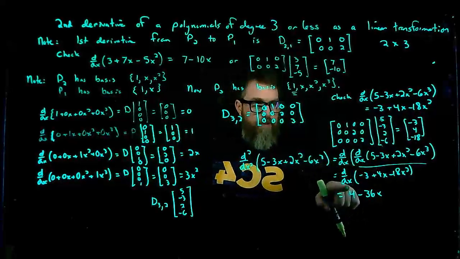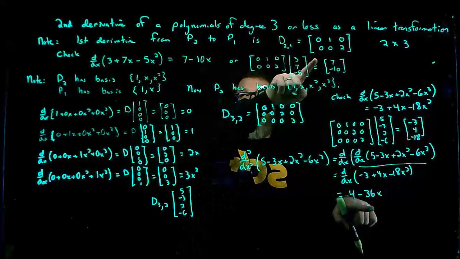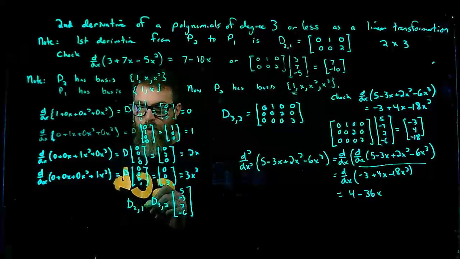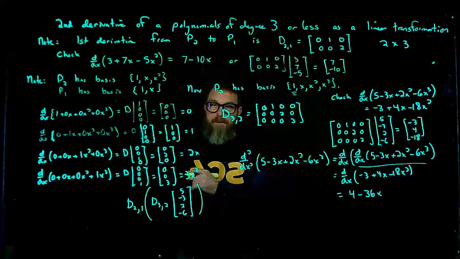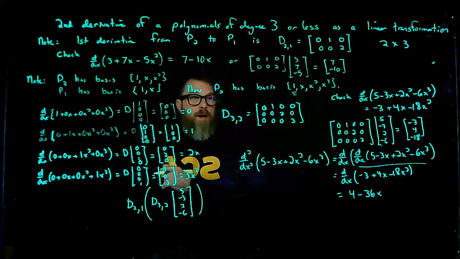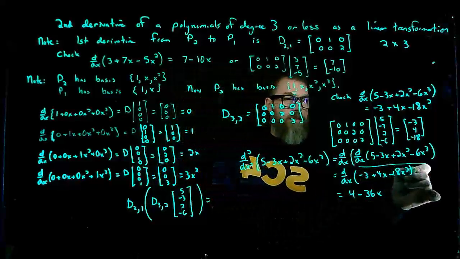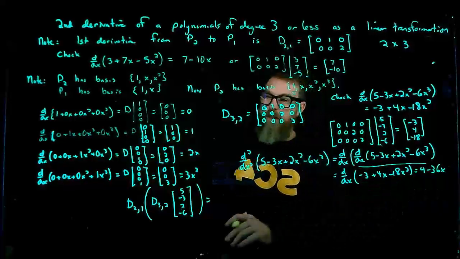Well, this derivative takes degree 2 down to degree 1, so it's going to be this thing. So now I'm going to have to take the derivative that goes from 2 to 1 of this particular derivative. So now when we write this, this is going to be equal to, let's move this out of the way, 4 minus 36x, just in case we need the room.